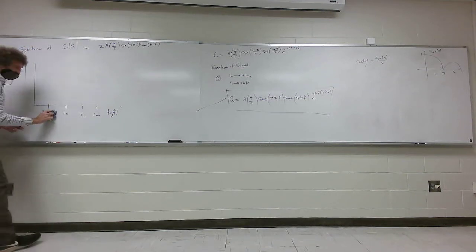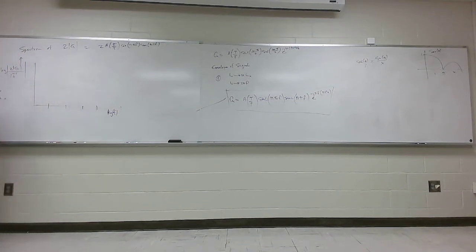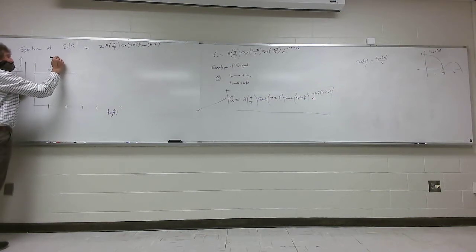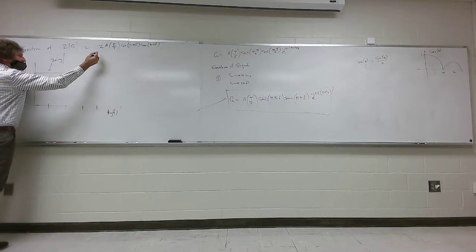This doesn't matter with these, what the scale is on there, it's a log plot. What you'll always start out with is this. This will be flat. It will be 20 times the log of the magnitude of this first part.